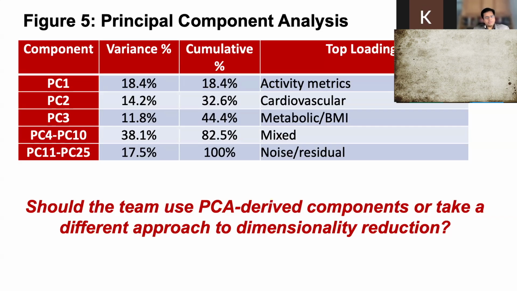Anybody familiar with anything else that you would do with dimensionality reduction other than principal component analysis? Anything else you might think of doing? This is where I just wanted to see whether you would think about just using the current variables, maybe reducing the number of variables.